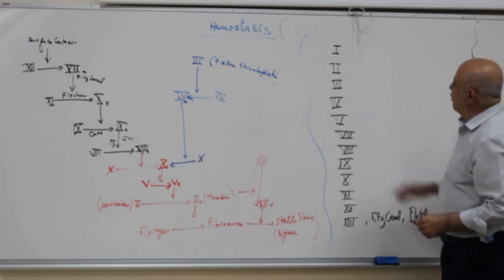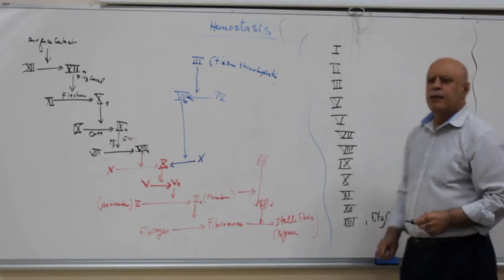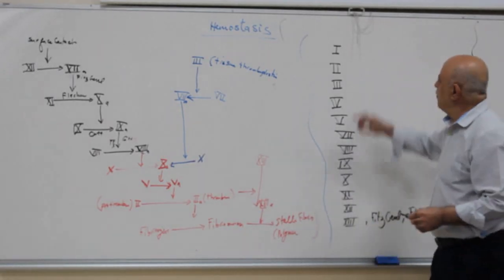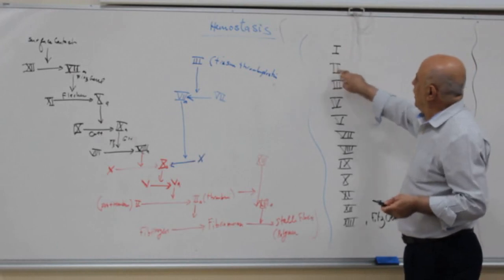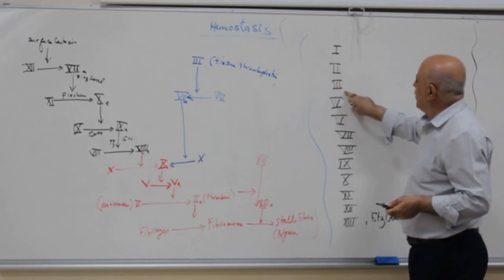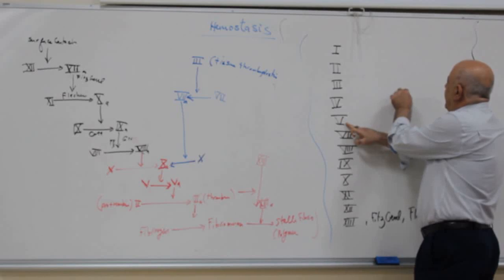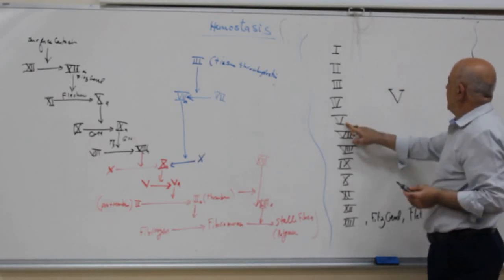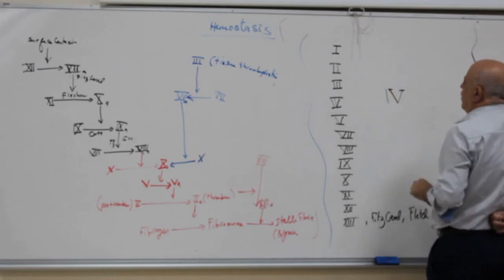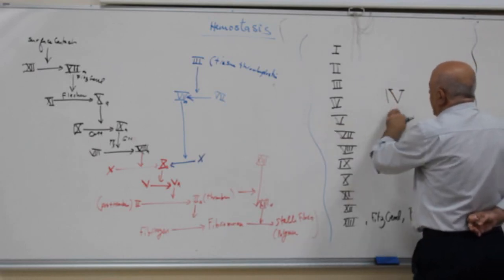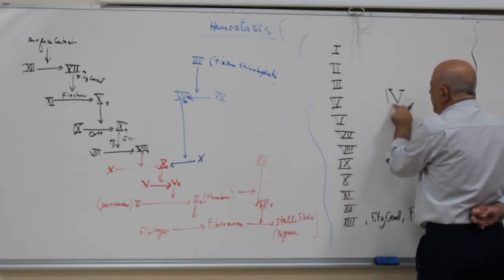Now, for those of you who really don't know how to read the Roman numerals, 1 is 1, 2 is 2 lines, 3 is 3 lines. This is 5. V is 5. Now, if I put a line on the left, you have to subtract 1 from the 5. This will be 4.